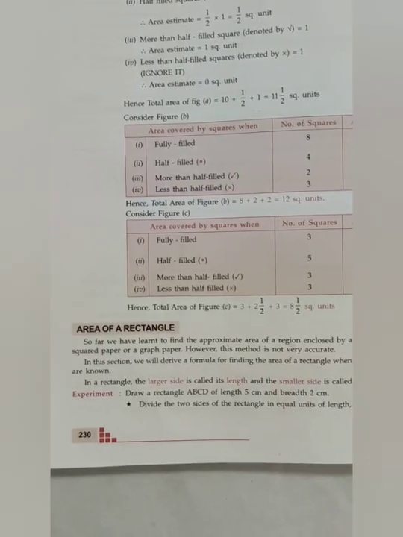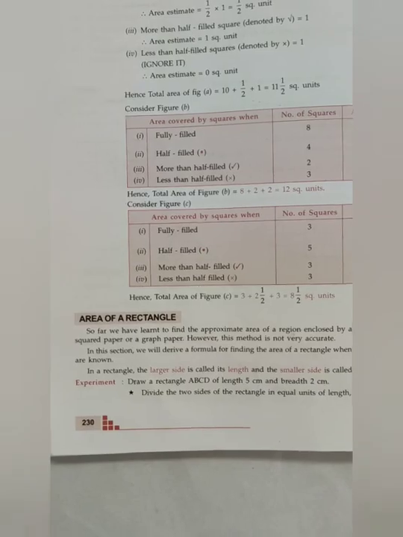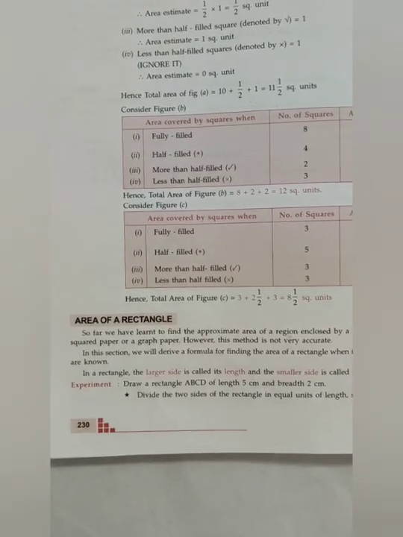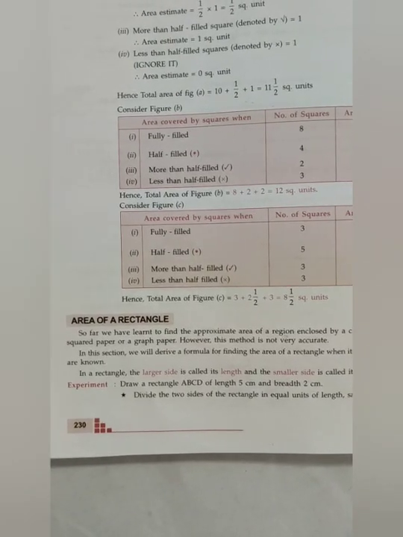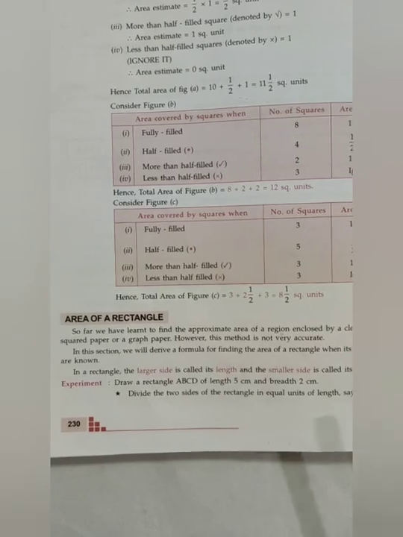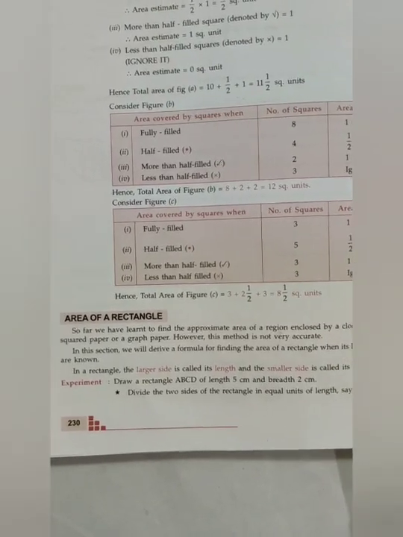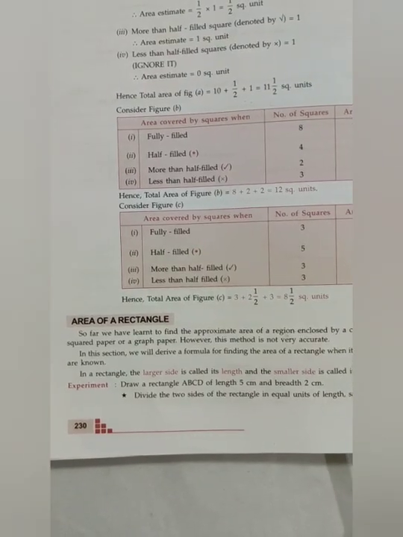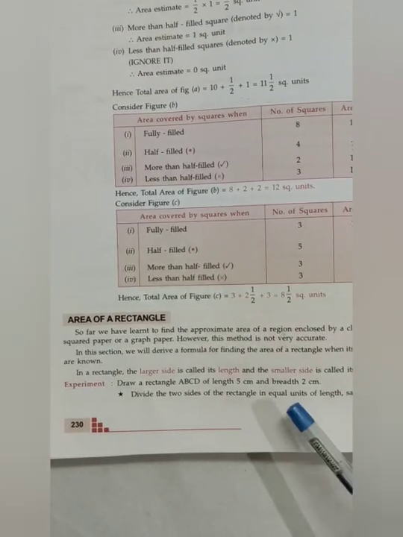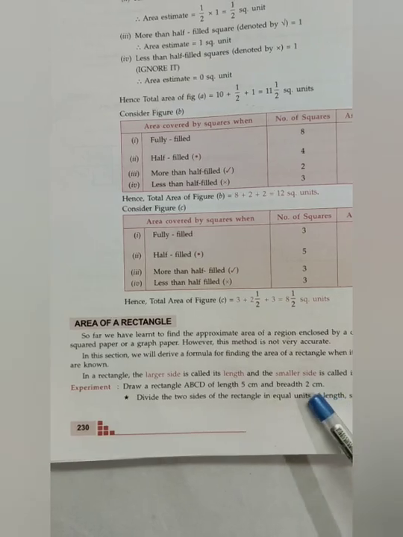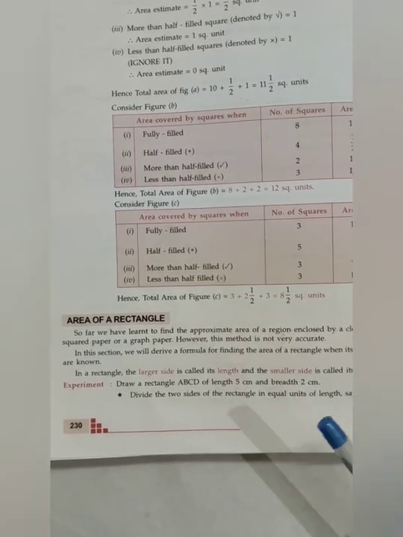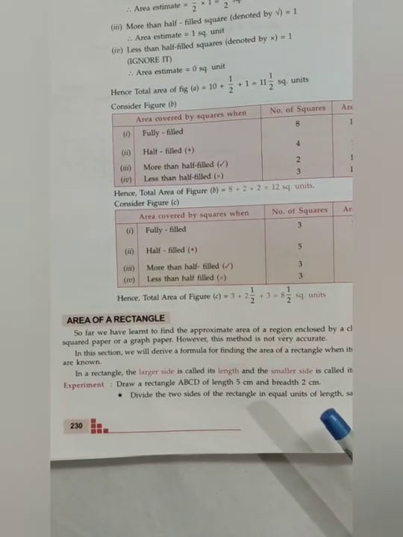Then comes area of a rectangle. So far we have learnt to find the approximate area of a region enclosed by a closed figure using a square paper or a graph paper. However, this method is not very accurate.